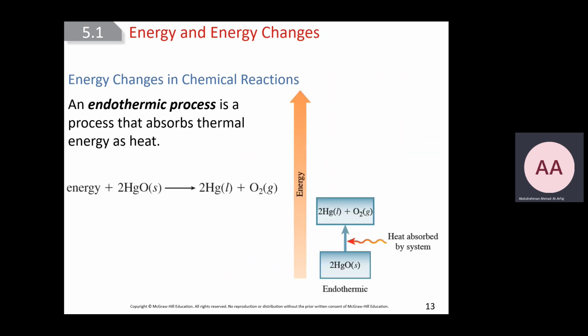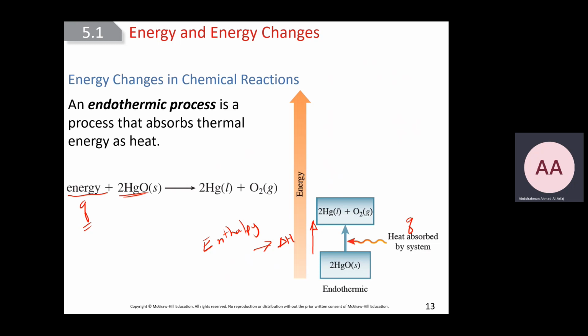In this case, on the contrary, I need to add Q here to go from this place to this place, and the difference between these is the enthalpy, delta H. And this energy here is Q. I need to add Q to the reactant to make the product.